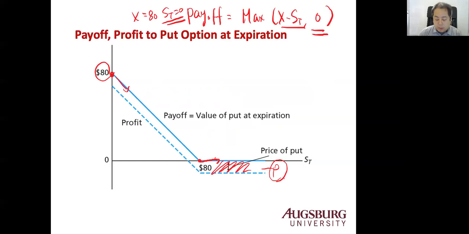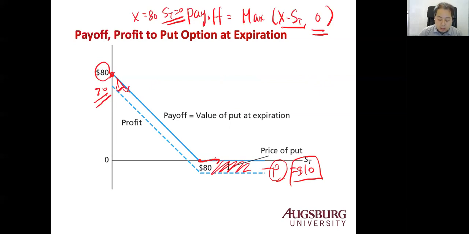Now this is the put premium. Suppose the put premium is, say, $10. Then you pay $10, so the maximum profit is $70, right? Because your payoff is 80 and you pay the premium, so your profit declines by the amount of the price of the put option.